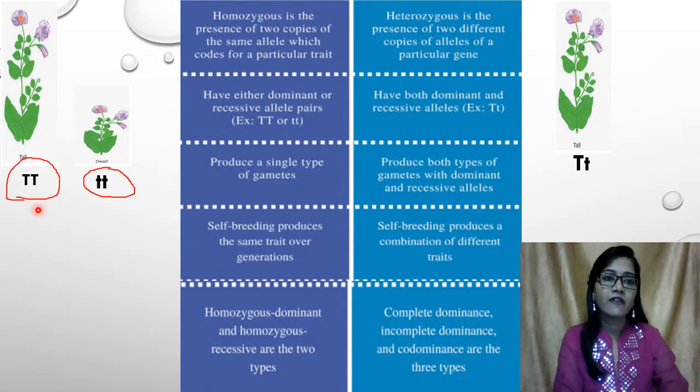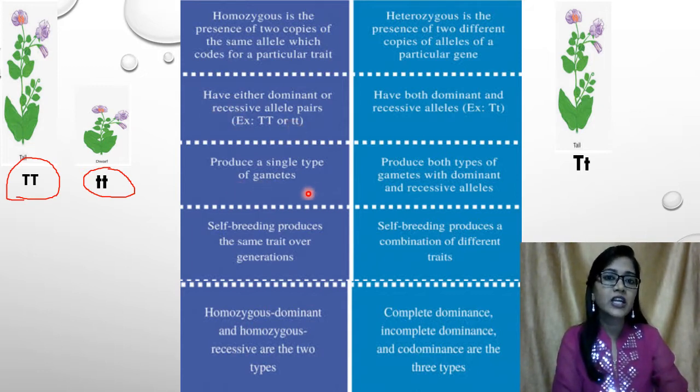For example, capital T is dominant and small t is recessive. You will come to know in the monohybrid ratio why the capital T genotype is dominant over small t, which is recessive. So they have either dominant or recessive pairs, for example capital T or small t.